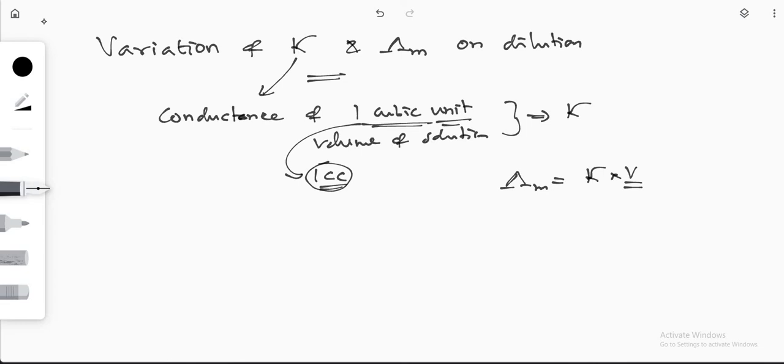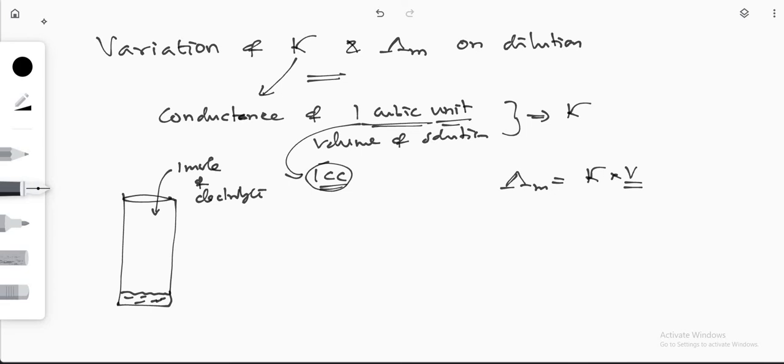Now let us take some electrolyte in a vessel. I'll take some amount of water here, then add 1 mole of some electrolyte, just for understanding purpose. Now listen, student. If you add 1 mole of electrolyte, you will get a solution.